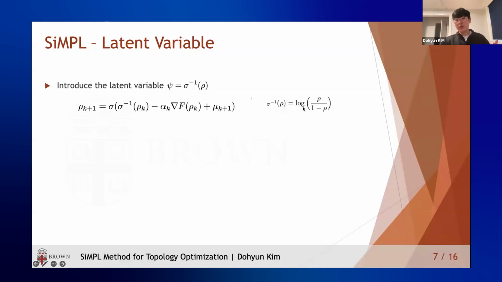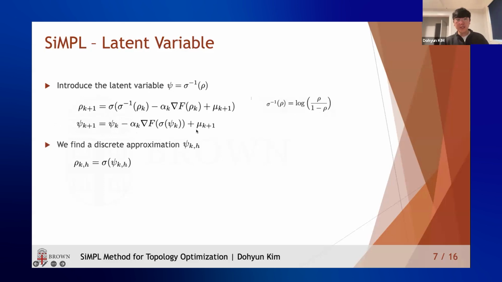Because we want a binary design, rho should go to 0 or to 1, and then taking the logarithm of this quantity is really numerically unstable. To avoid this, we take sigmoid inverse on both sides, and then this one is just our latent variable at iteration k. Now we have a really nice looking update formula here.